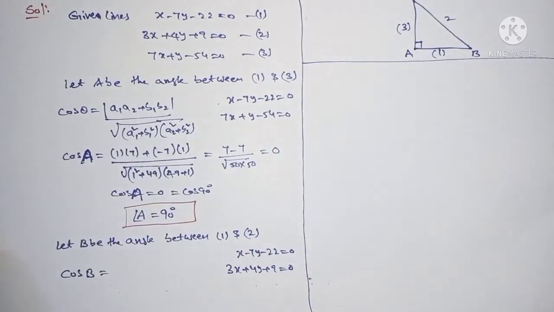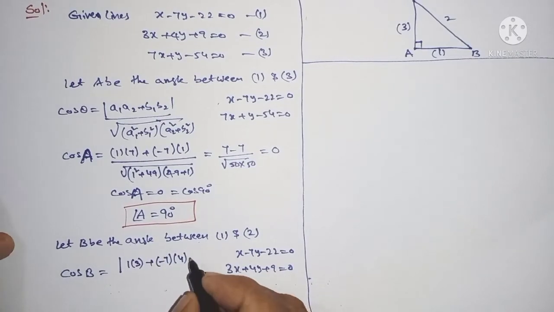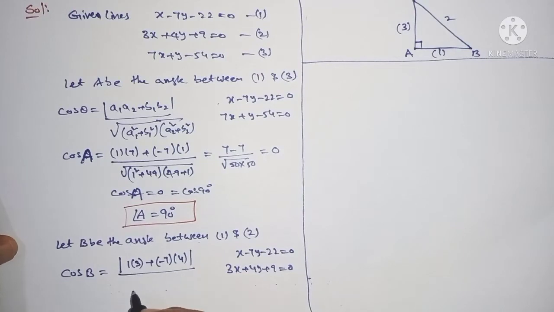Therefore cos B, I am not writing the formula again. You can use the cos theta formula and apply that directly. Cos B is equal to, apply A1 A2, that means 1 into 3 plus B1 B2, minus 7 into 4, divided by under root of A1 square, 1 plus minus 7 square, which is 49.